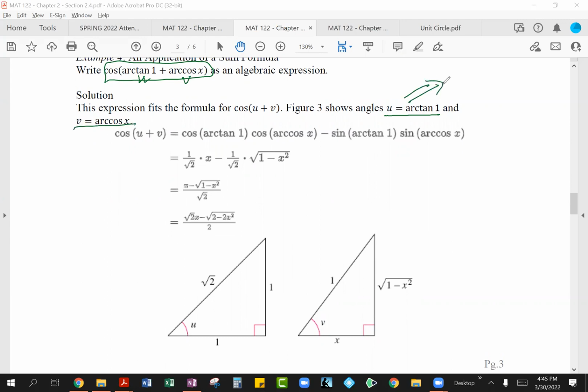So remember from here, you can rewrite it as tangent of u equals 1, or you can write it as 1 over 1. So that will be opposite over adjacent. For the arc cosine of x, you can write this as cosine of v equals x over 1, which again, cosine is adjacent over hypotenuse.